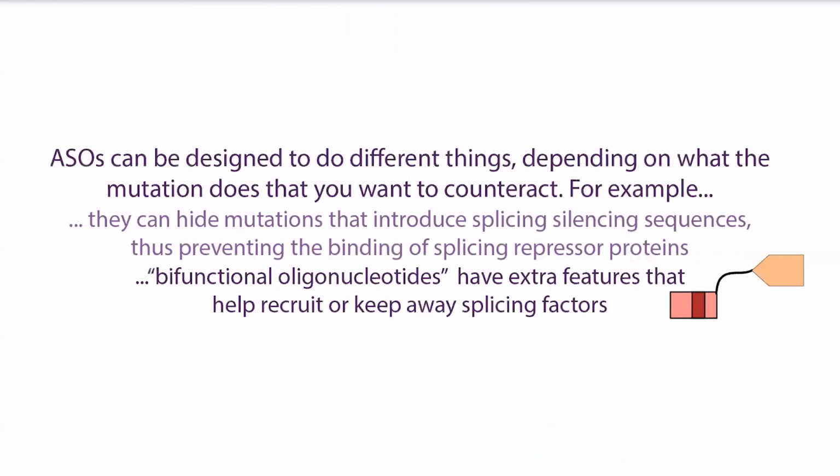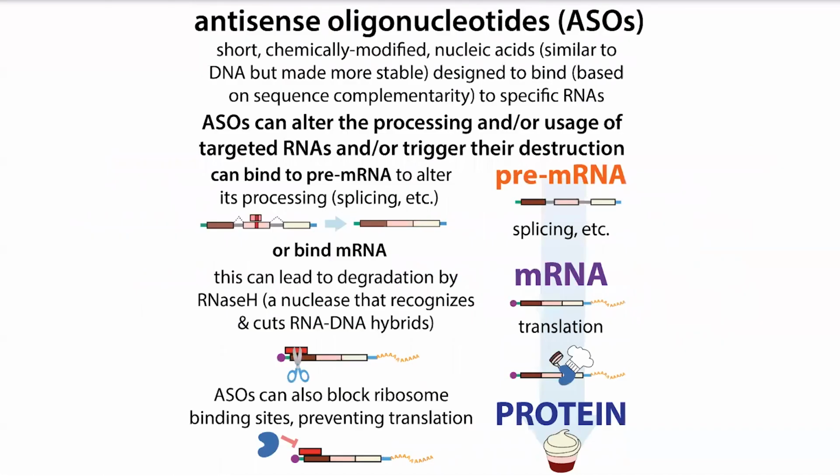They can also be attached to, or conjugated to, various things. So you might use an ASO that's linked to a protein or something like this in order to bring over machinery to specific sequences. But what we're going to talk about mainly is how ASOs can be used to bind to pre-messenger RNAs and messenger RNAs.